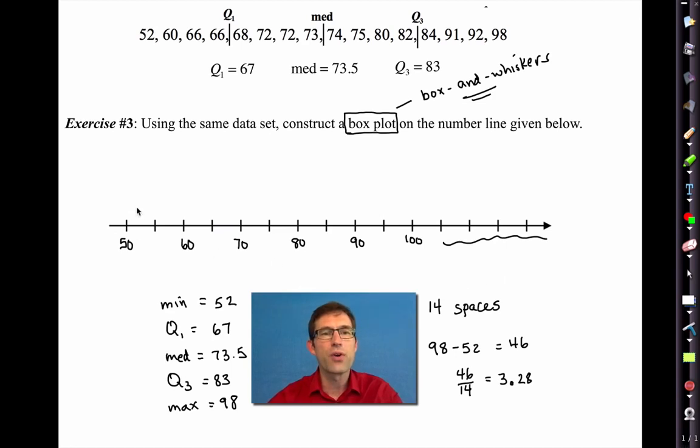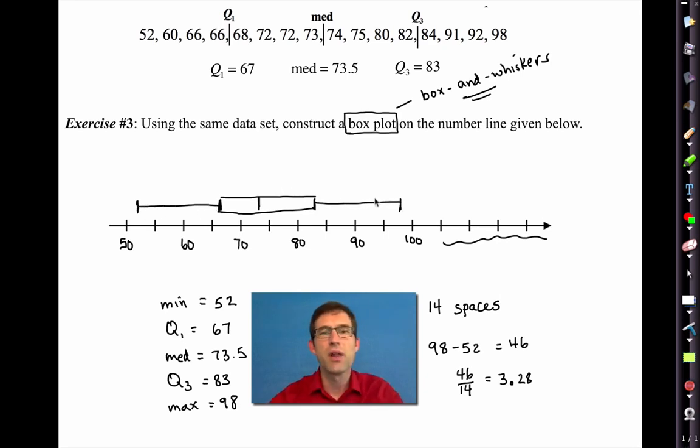I'm going to put little vertical lines. 52 is right about there. 67 is right about there. 73.5 right about there. 83 right about there. And 98 right about up there. Then I'm going to put a box right here, and I'm going to extend these outward.